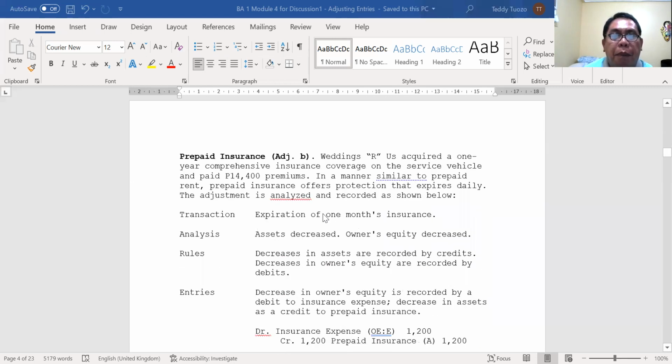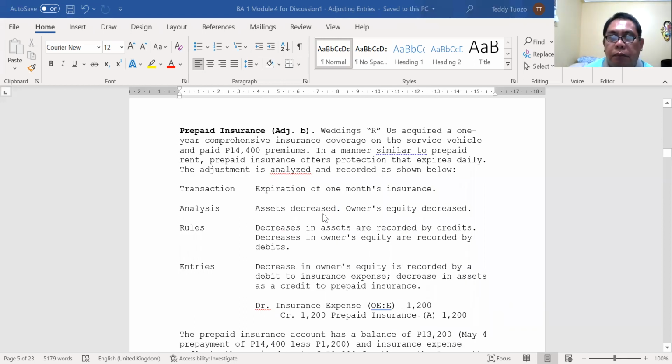Okay, next, the prepaid insurance. So you have there, Weddings R Us acquired a 1-year comprehensive insurance policy on the service vehicle and paid 14,400 premiums. The premium is the payment that you pay for an insurance policy.